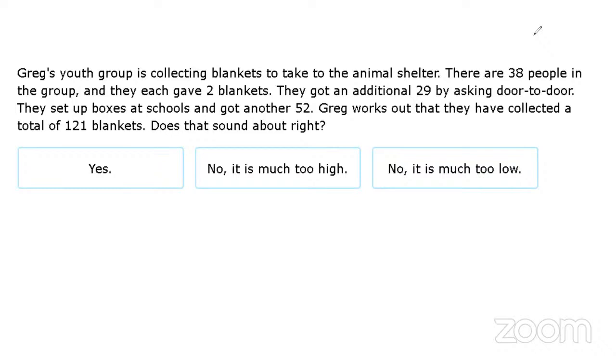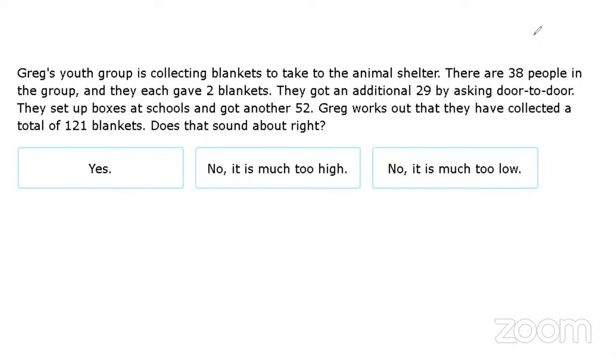All right, so go ahead, do your calculation with the information presented here. So Greg's group is collecting blankets for the animal shelter. 38 people are in the group and each of the 38 people gave 2 blankets. All right, think about this step by step here. Each gave 2 blankets.